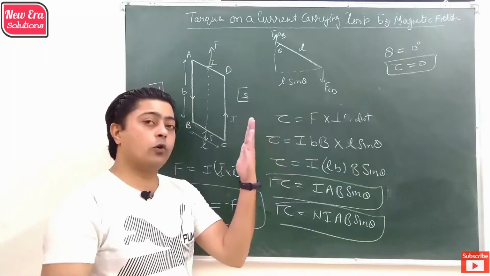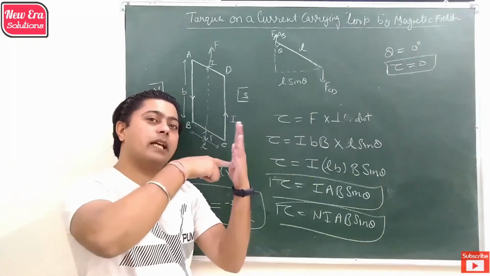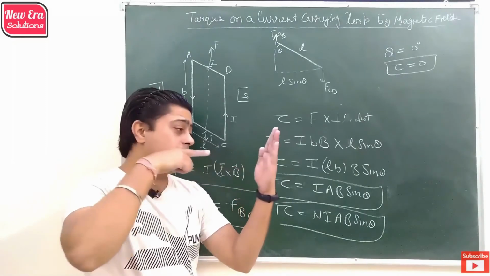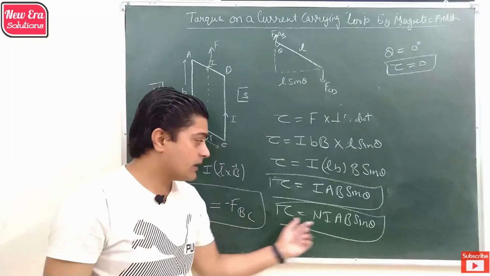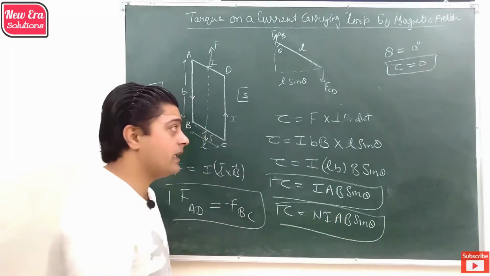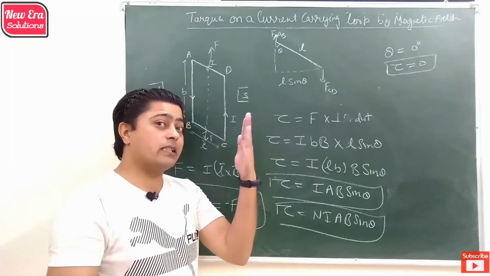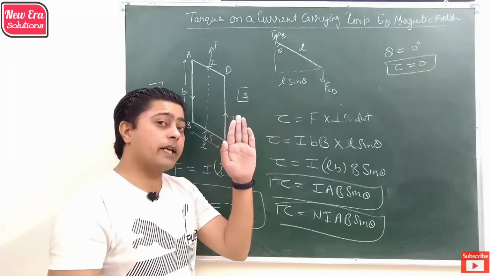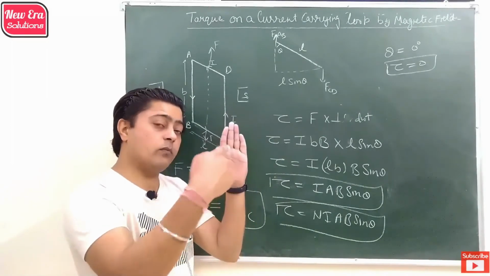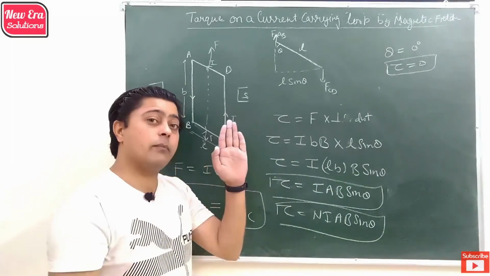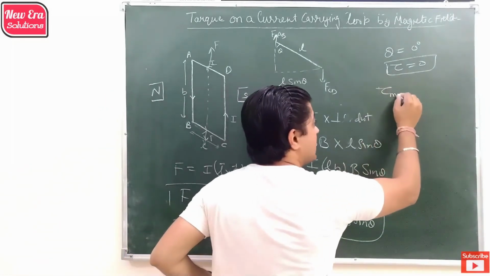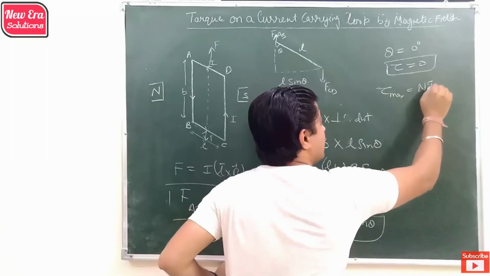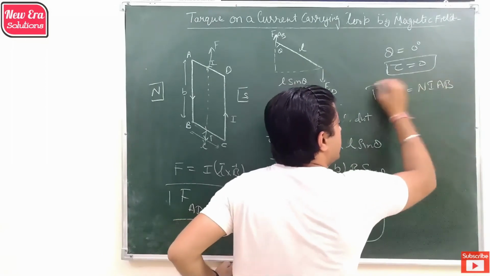So if a loop and magnetic field are placed perpendicular, then the normal of the loop and the magnetic field are in the same direction, and it will not experience any torque. So we have to place the loop along the magnetic field so that its normal is perpendicular to the magnetic field, and it will experience the maximum torque, that is NIAB.